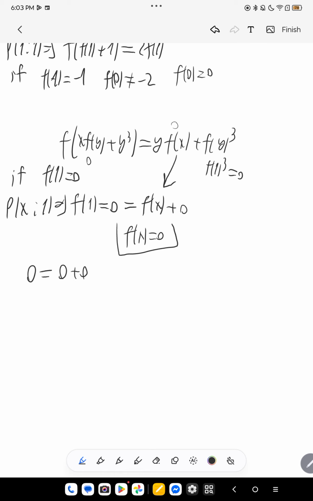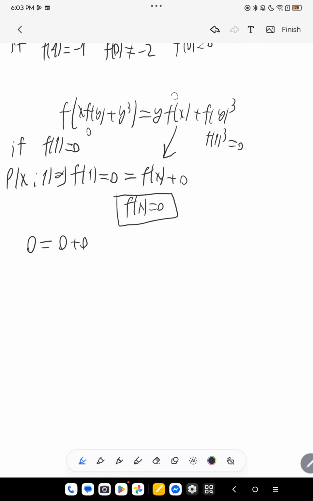So this is one of the solutions. We have one case left, which is f(1) equals 1.